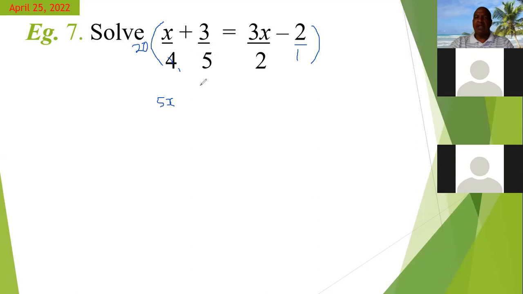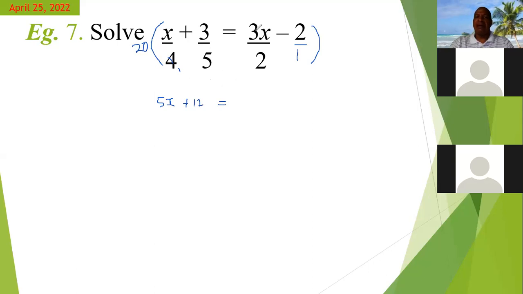So the same thing we do with the next term. So we say 5 into 20 goes 4 times. And so we take 4 times the numerator. So 4 3's give you what? 12, sir. 12, right. And same thing, we go across to the other side of the equation, and we do the same thing. 2 into 20 gives you what? 10.